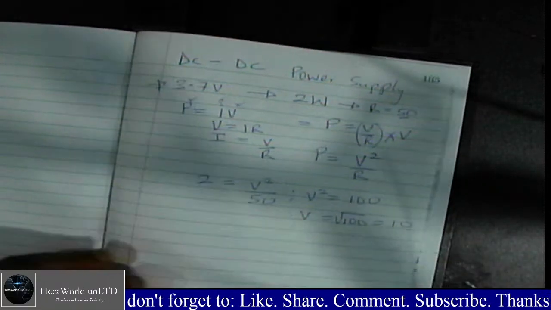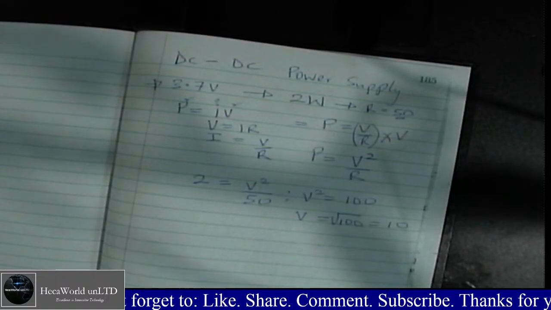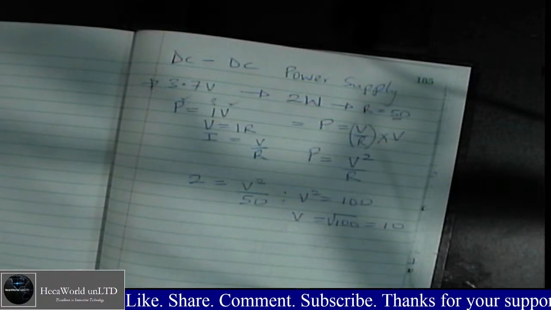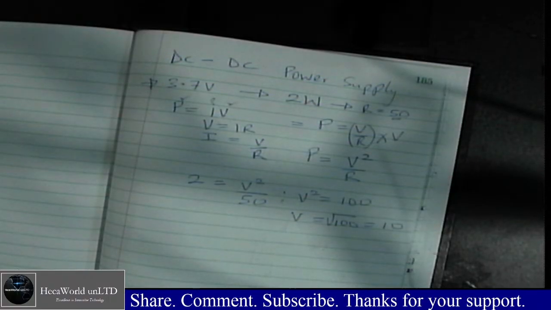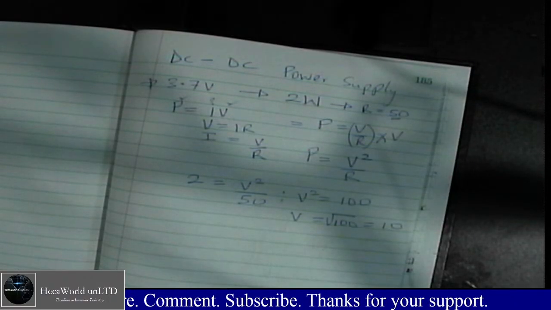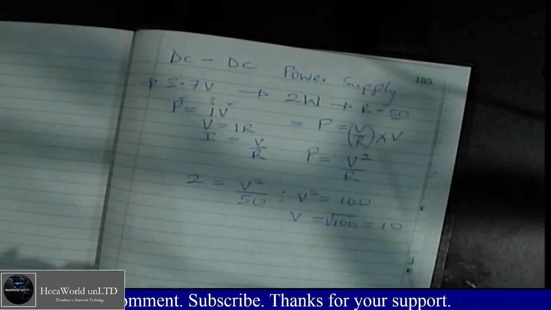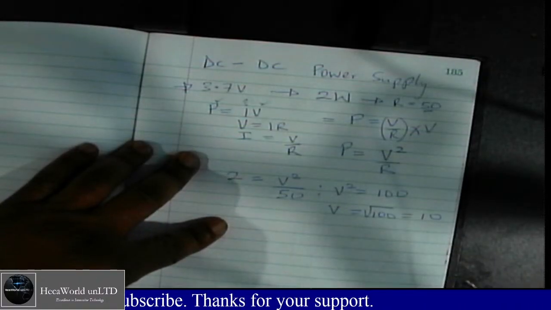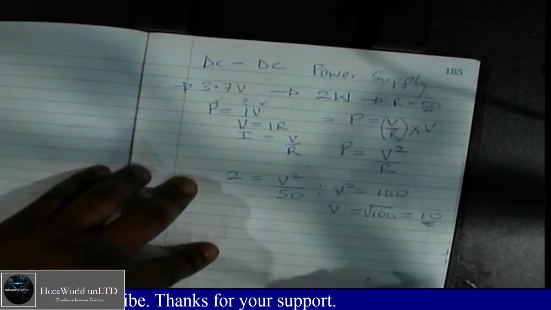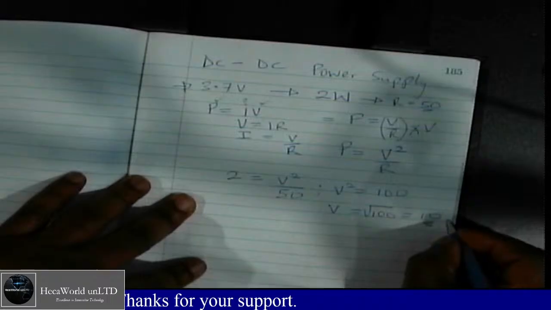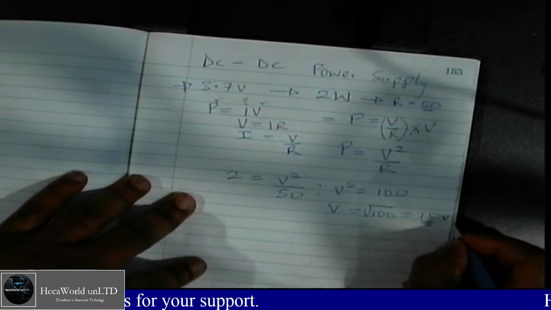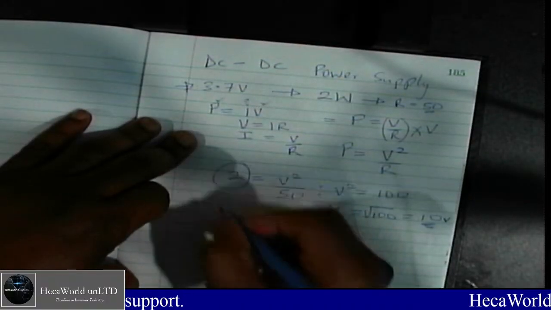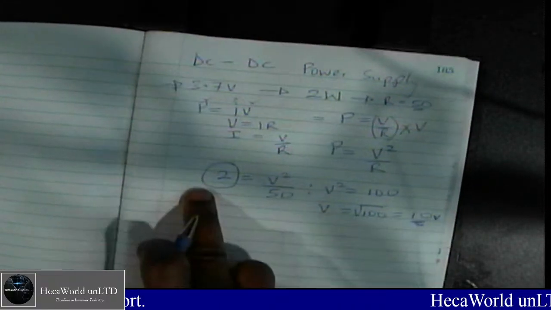Did I get the math correct? Sorry, what am I solving for? Yeah, I'm solving for V. So this is the math we did. The voltage is 10 volts that I need to generate 2 watts of power.